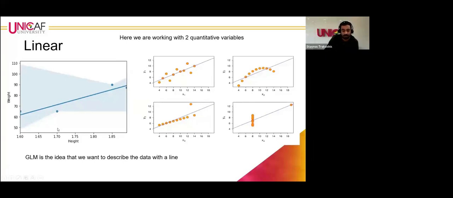So for someone who is 170 centimeters tall, the line says that they should weigh 70 kilograms. But my data here, the real measurements, if I go and find this person here and weigh them, I will see that their weight is less than what the line predicts, right?